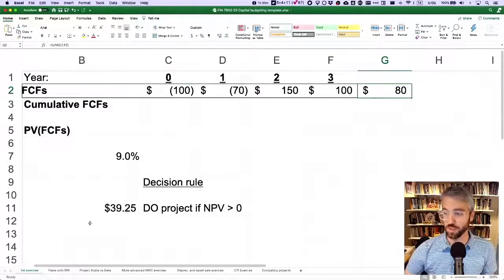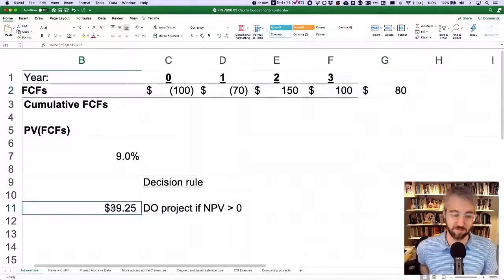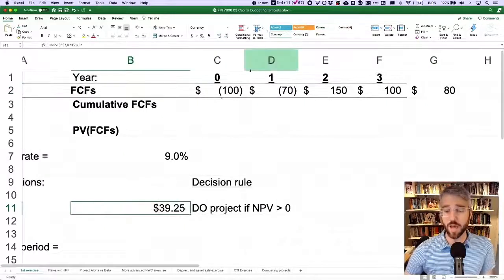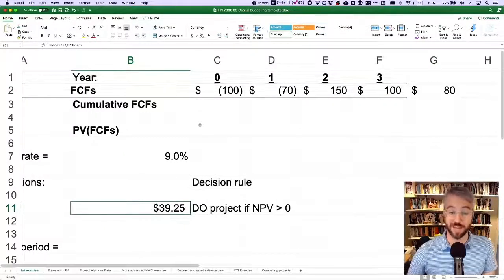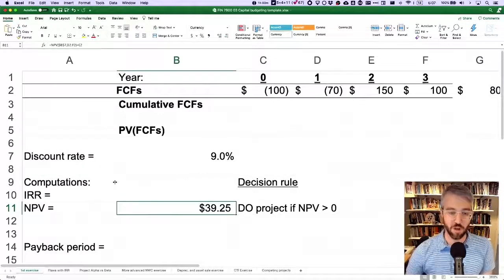However, it's only created $39.25 million worth of NPV. And so a project typically will create more dollars of cash flow than it does dollars of NPV. That's because this NPV calculation is, in a sense, penalizing the benefits for arriving far off in the future.